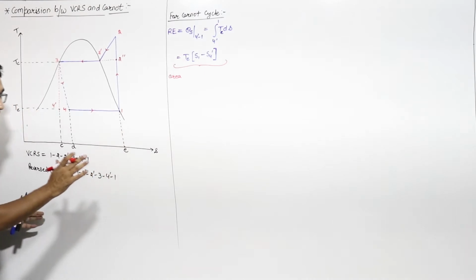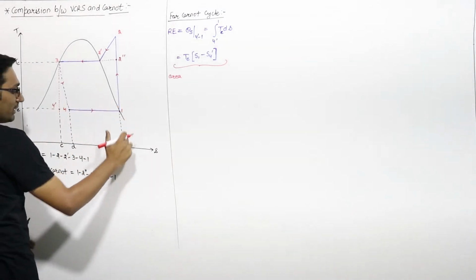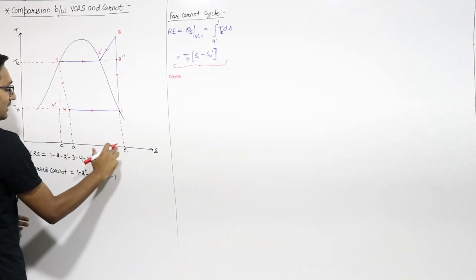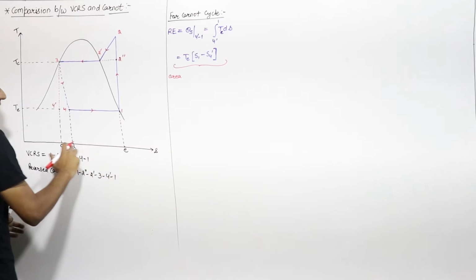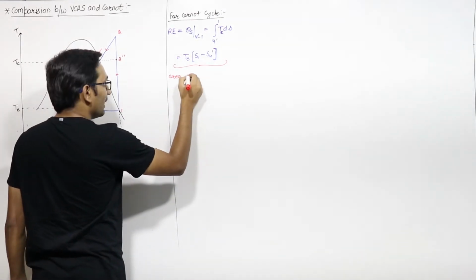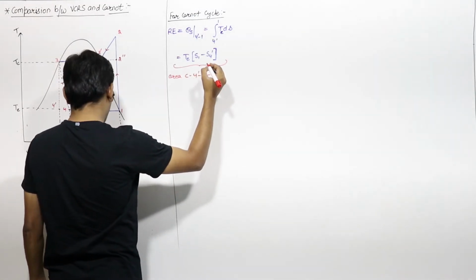The refrigeration effect will be this area C4-1E. This area is the refrigeration effect of the reversed Carnot cycle, that is area C4-1E.